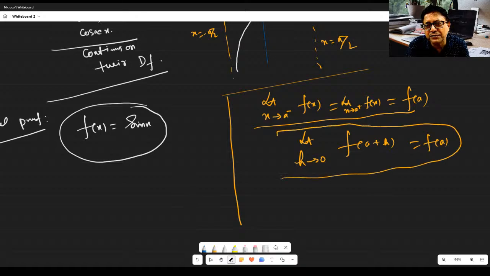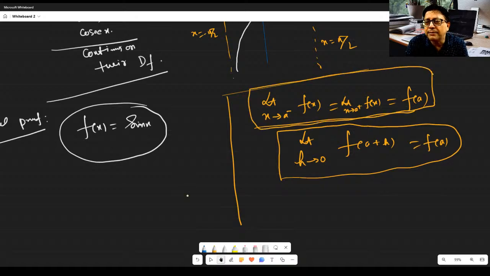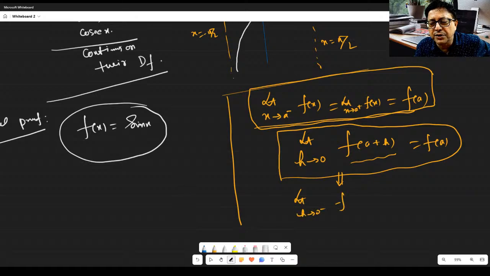Please don't be confused. Sometimes you will do sums based on this concept, sometimes you do with this concept, but there is no contradiction. Why I am telling you? Because this left hand limit and right hand limit part is taken here, merged together at this point. Okay? This limit h tending to 0 means what? Actually, it is limit h tending to 0 minus f of a plus h.